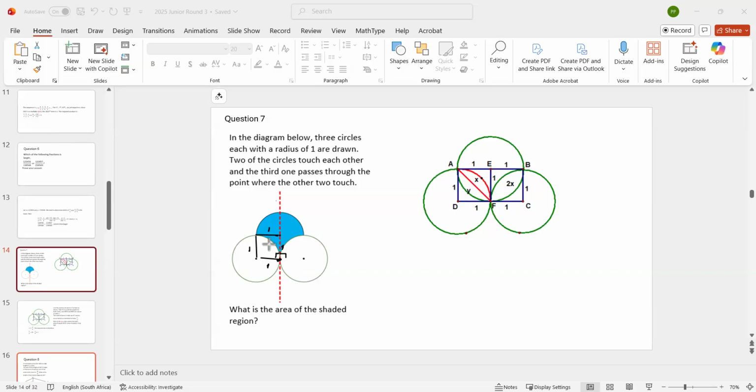So it's either a rhombus or a square, but this is 90 degrees, so it's a square. Okay? So you have a square here. Right? Now that's what you got here. You see this part here? This part here is a square. Likewise, this part here is a square. Now, what I've done here is I've drawn the full circles because I want to find this blue area.